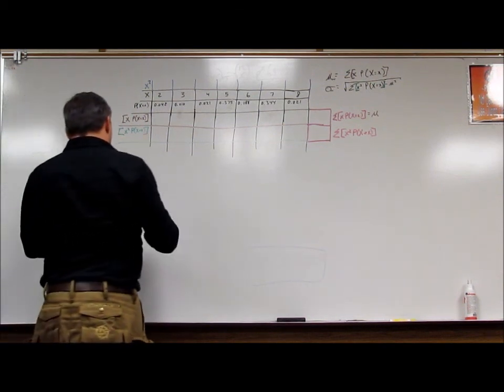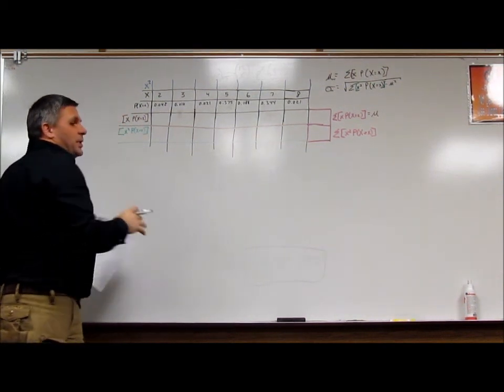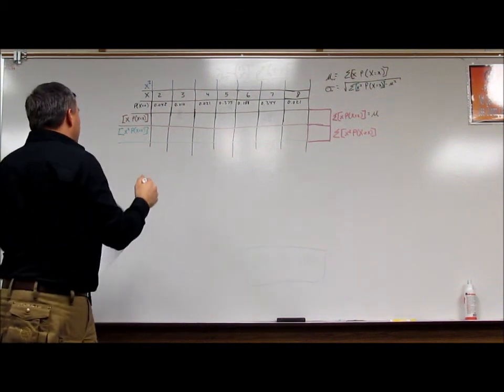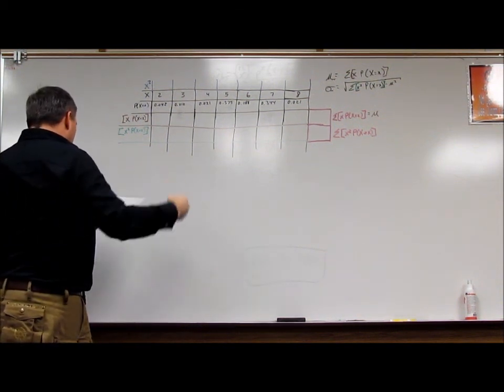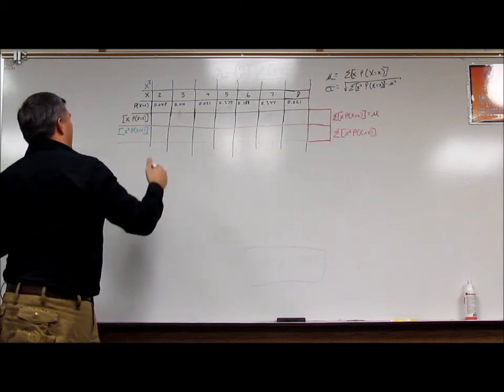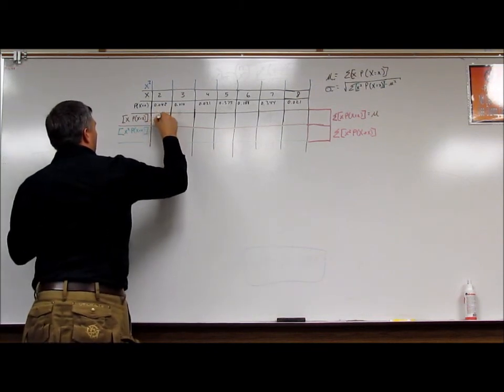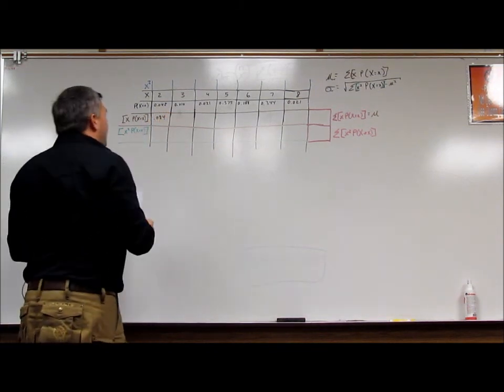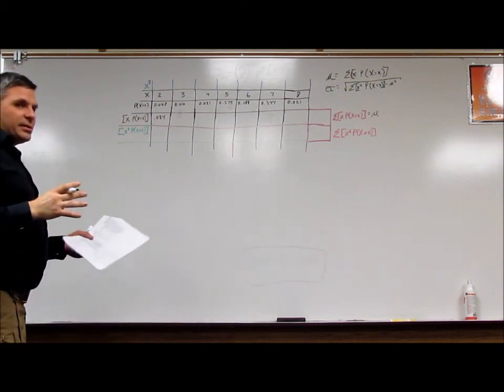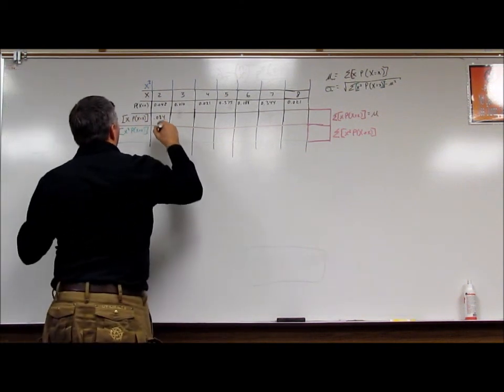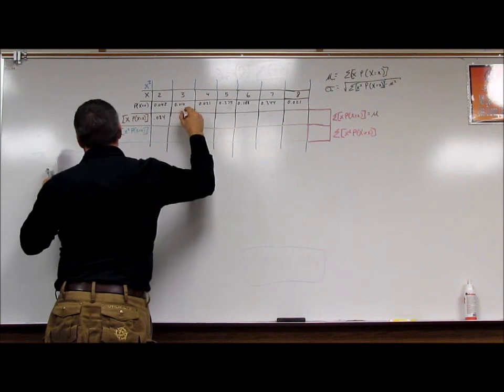So 2 times 0.042 is going to give me 0.084. And then 3 times 0.010 is going to give me 0.03.